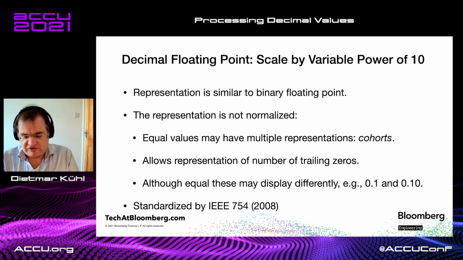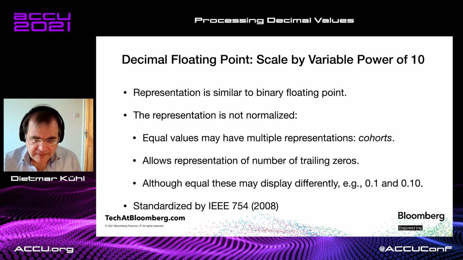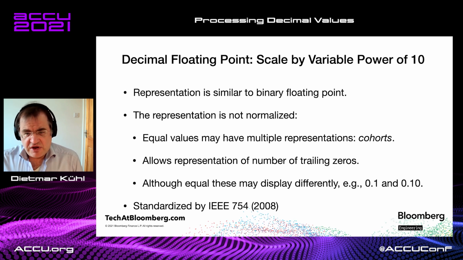Instead, for decimal values, you may want to actually represent the number of digits you actually have, which may include trailing zeros. Although the value of 0.1 and 0.10 is the same. If you compare these two values, they are the same, but they can be printed differently, which gives you potentially extra information.